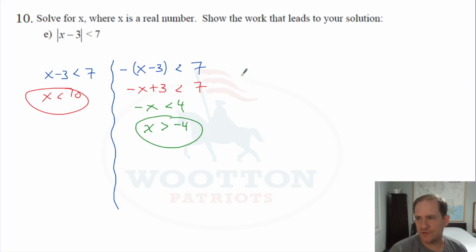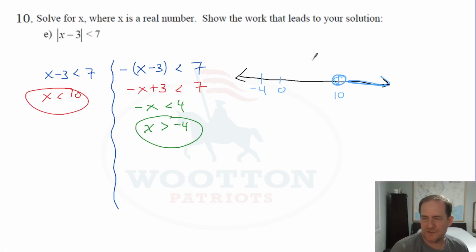Between those two solution sets, just draw yourself a number line and figure out either where they overlap or what two regions they share together. So it says here we need to be bigger than 10. Okay, so assuming that's 10, we're open here and we go to the right. Then there's -4. So if this is -4, then 0 would be right about there. But we would be open, and anywhere less than that?